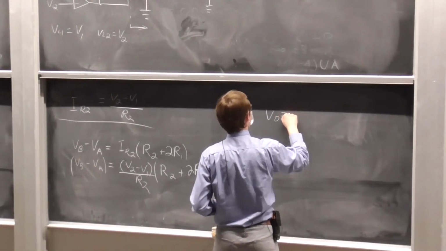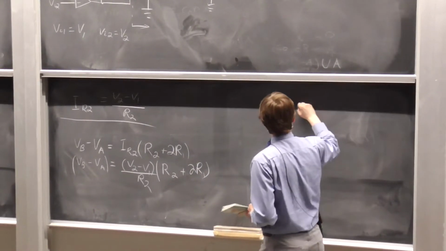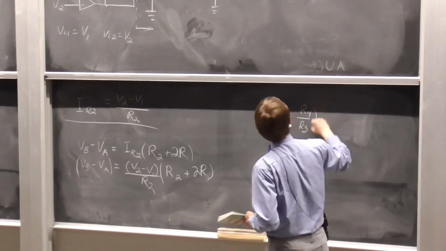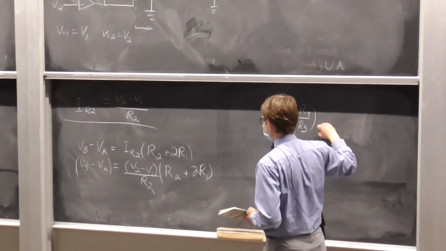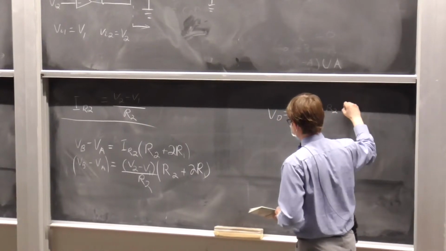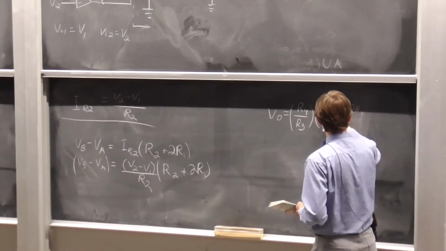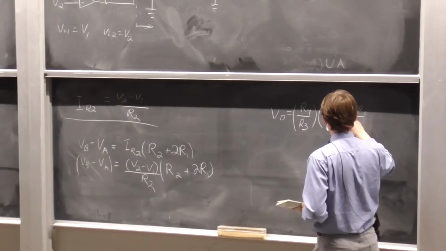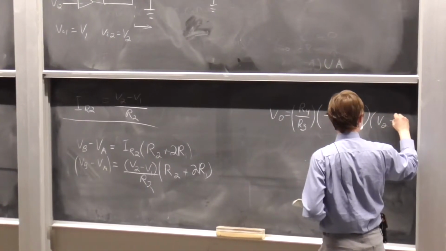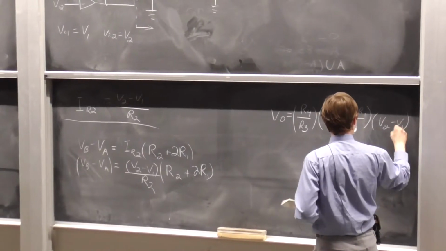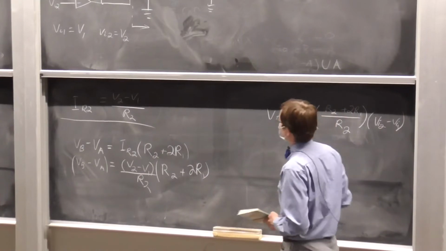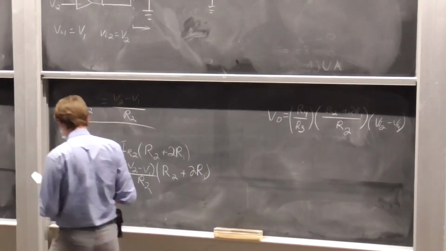V out is equal to R4 over R3 multiplied by R2 plus 2R1 over R2 multiplied by V2 minus V1. And I might as well put the i's in there because, you know, makes it match up with the diagram.